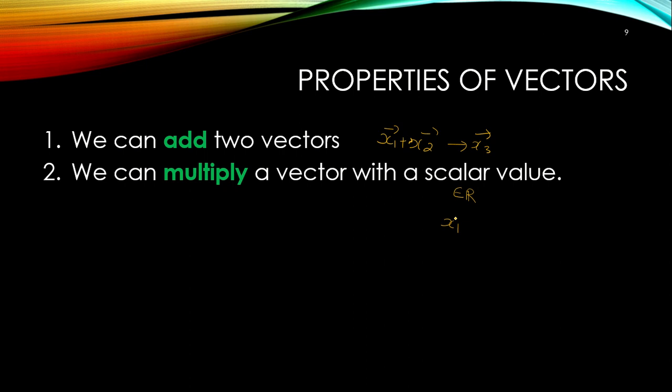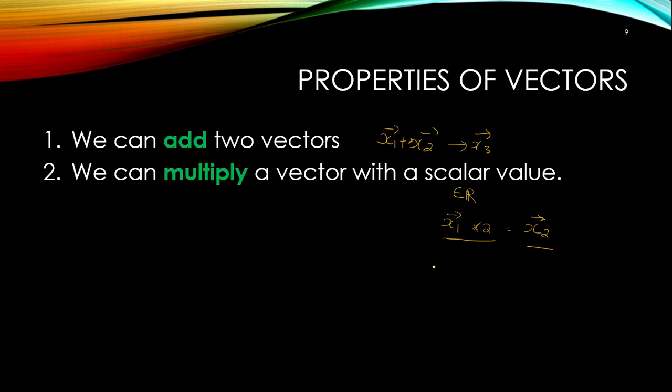Suppose I have the vector x1 and I multiply it with 2, I will get another vector. Suppose the resulting vector is x2. So the result of this product will be a vector again. These are the two operations allowed with vectors. We call them vector addition and scalar multiplication.